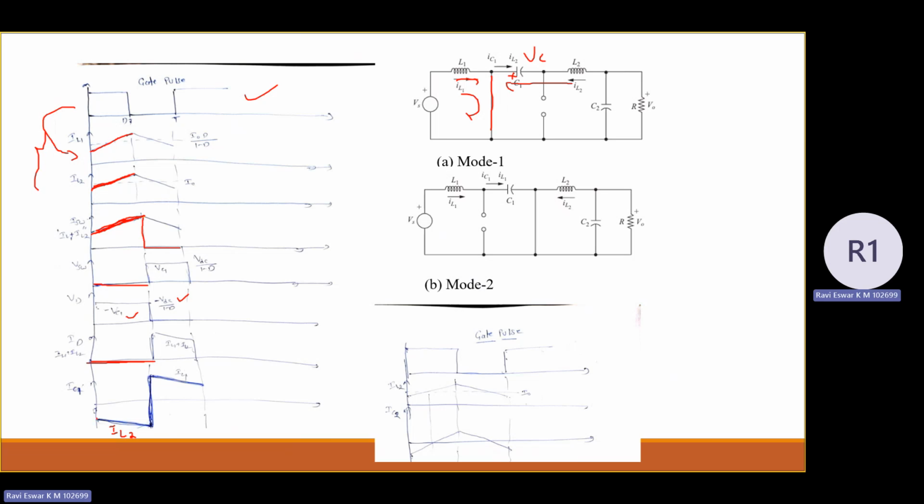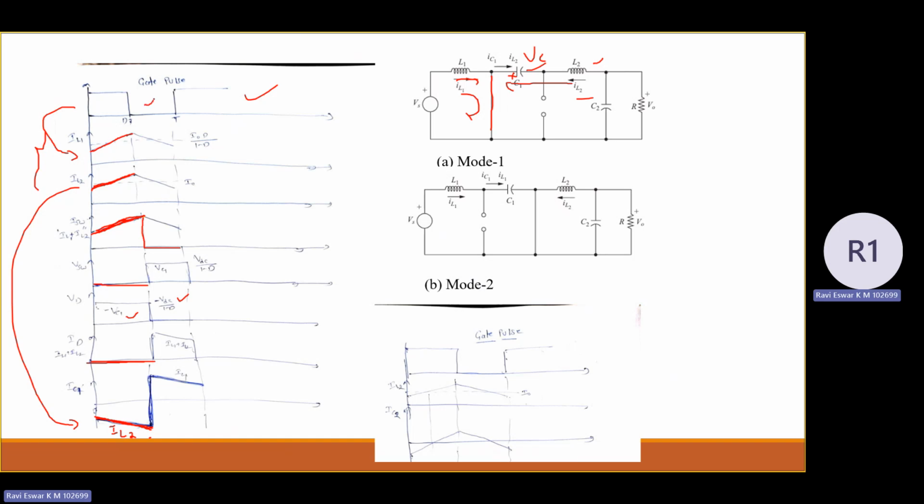So IC1 is on the negative side with a rising slope, following IL2, because IL2 and C1 come in series in mode 1. So IC1 follows IL2. This is mode 1 of the Cuk converter.